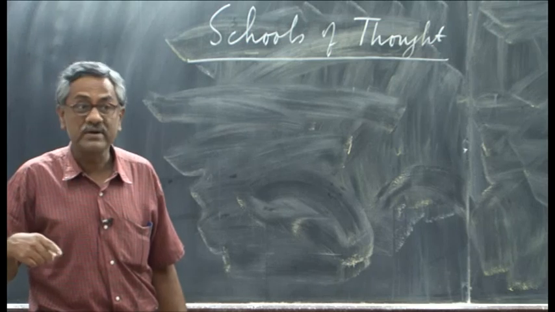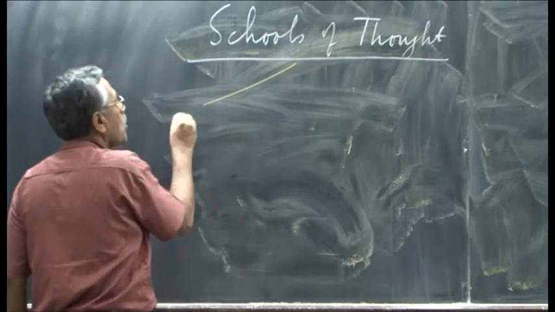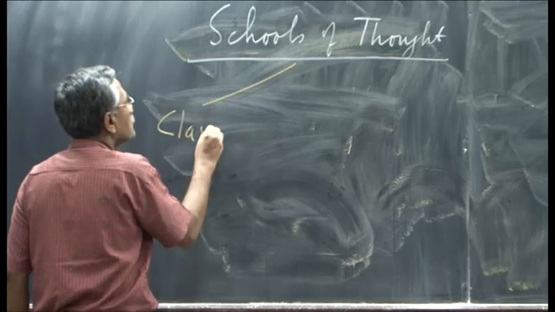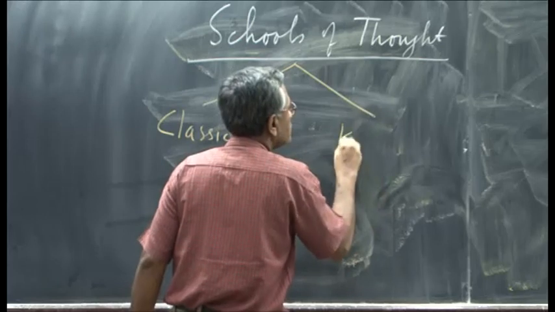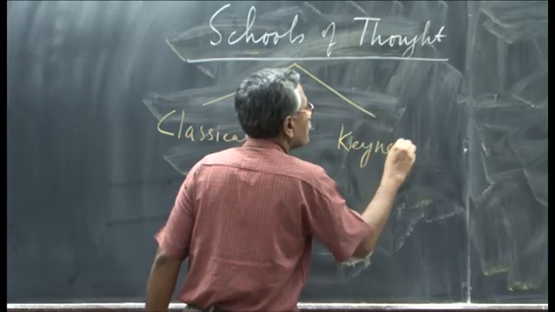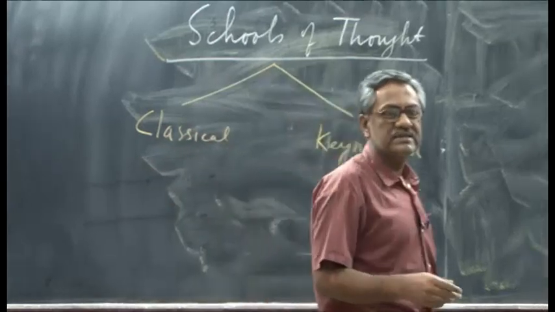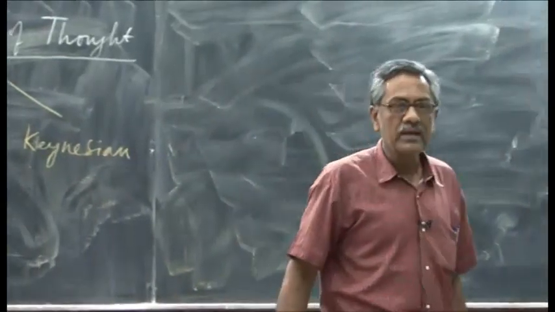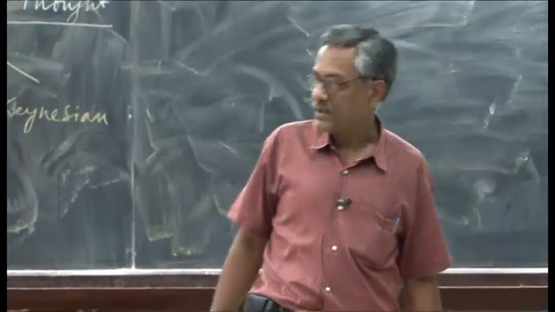So probably they became the greatest of enemies after that, the teacher and the student. Schools of thought: the classical, and the Keynesian. These are the original two groups. Essentially, I told you the classical school is more into long run macroeconomic models, and the Keynesian is more short run and medium run.